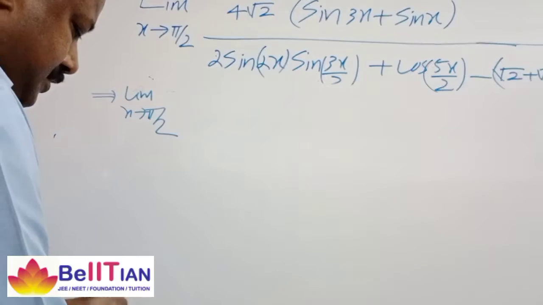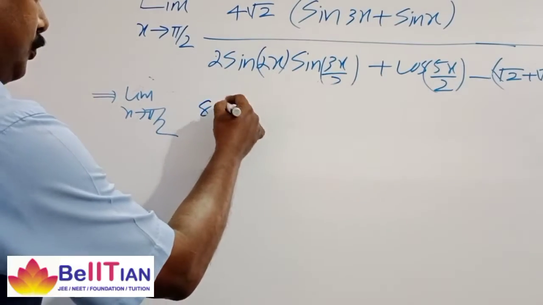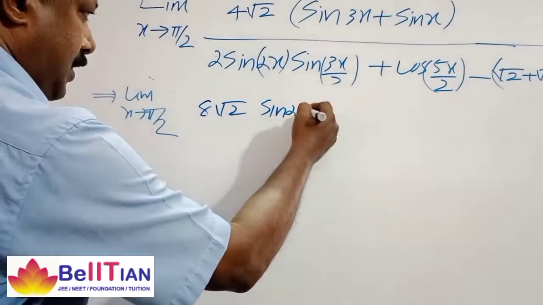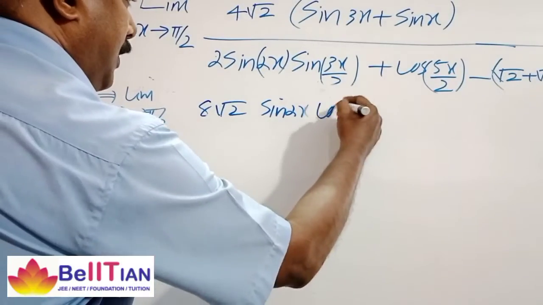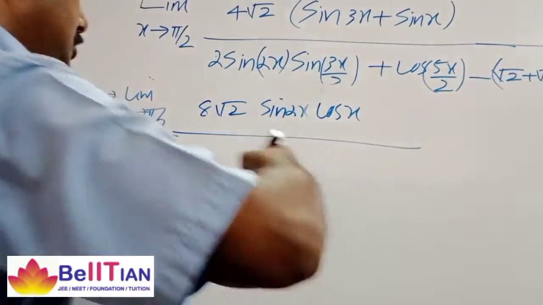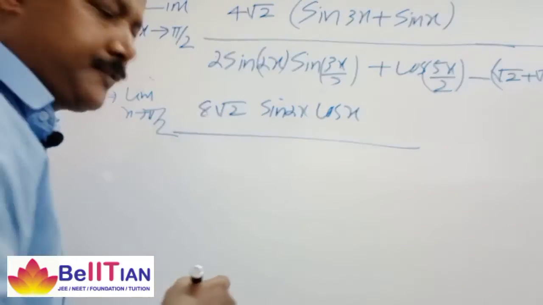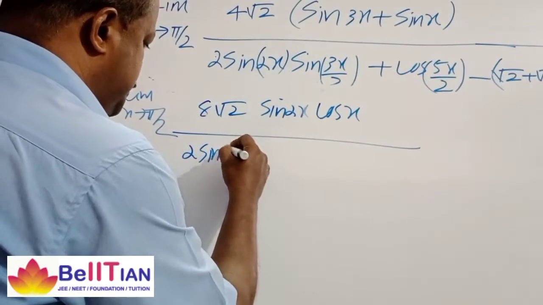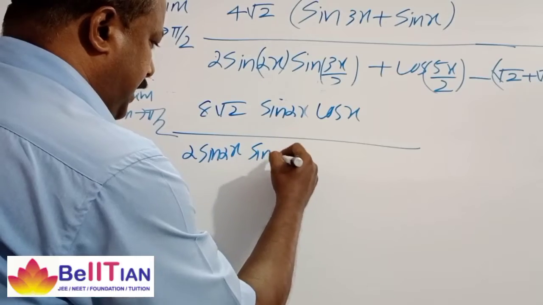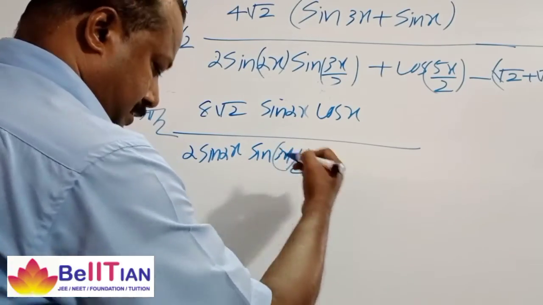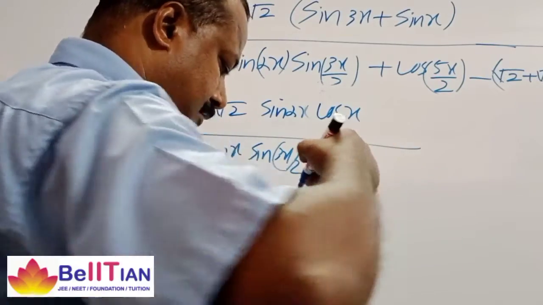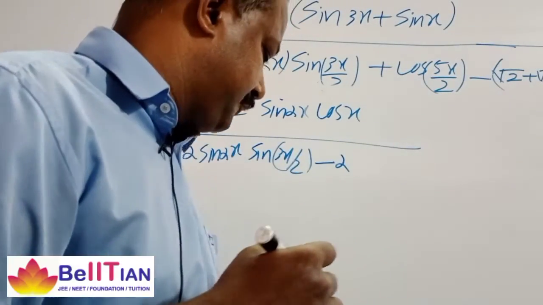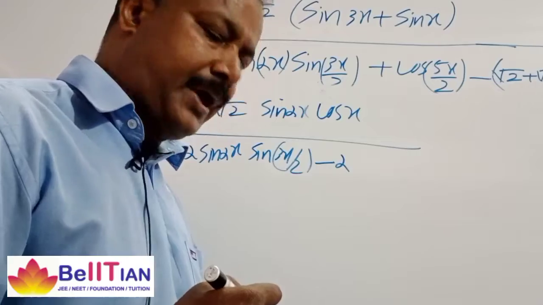Now this implies that limit x tends to pi by 2, 8 times root 2 into sine 2x into cos x, sorry, this is cos x, divided by 2 sine 2x into sine 3x divided by 2, then minus of 2 times... See, 5x plus 3x is 8x, divided by 8, so this is equal to sine x, isn't it?